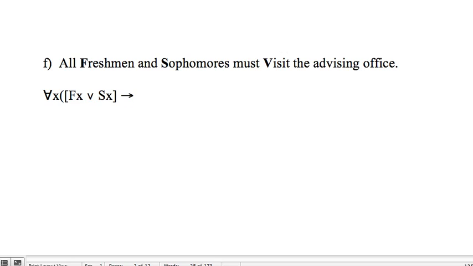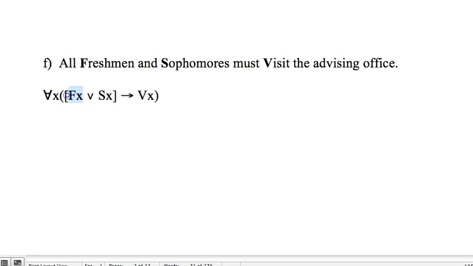A good way to think about it is this. What is it saying about you if you're in this class? If you're a freshman or a sophomore, then you must visit the advising office. Sometimes it can be helpful in triggering the right answer to use the pronoun you as a way of thinking about these examples.